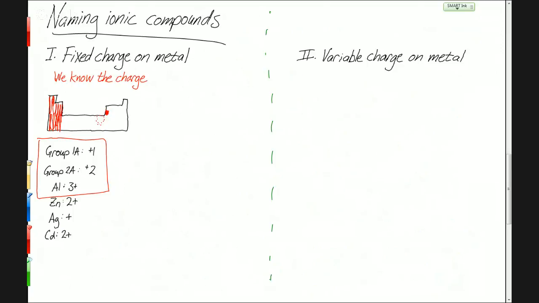Here, let me show you what the name is in general. You just say what the metal is, and then you say the non-metal, but you cut the end off and put -ide.